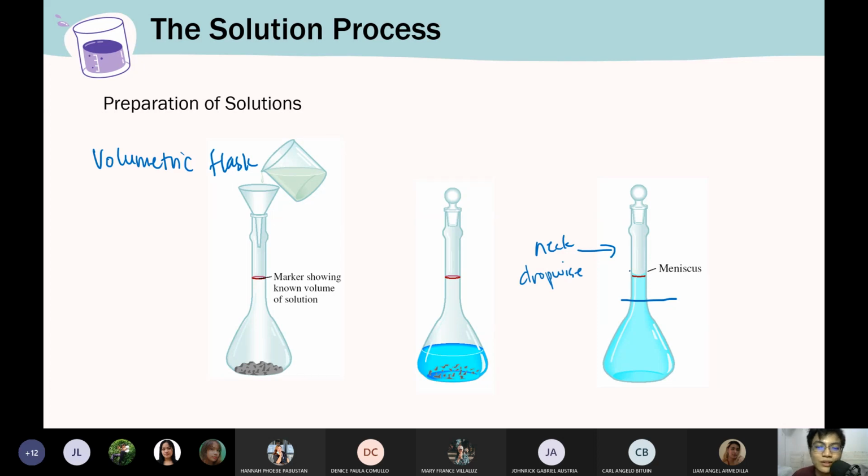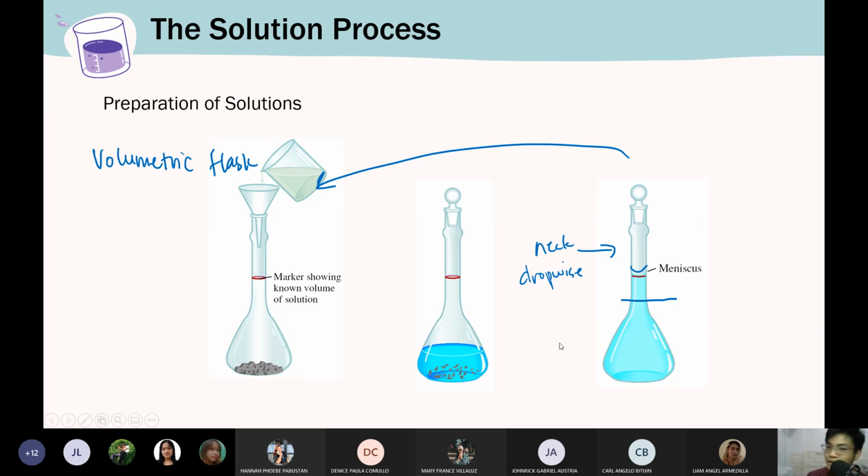Kasi if you added a bit much water, kunwari lumagpas ka sa meniscus, ulit ka uli from the top. Okay? And preparing solution using vol flask takes a while, mga 10 minutes. Okay, mga ganun katagal. Kapag mabilis ka, di 5 minutes. Pero imagine na losing 5 minutes of your life is not worth it. Okay? So, yeah. So, that's how we prepare solutions.